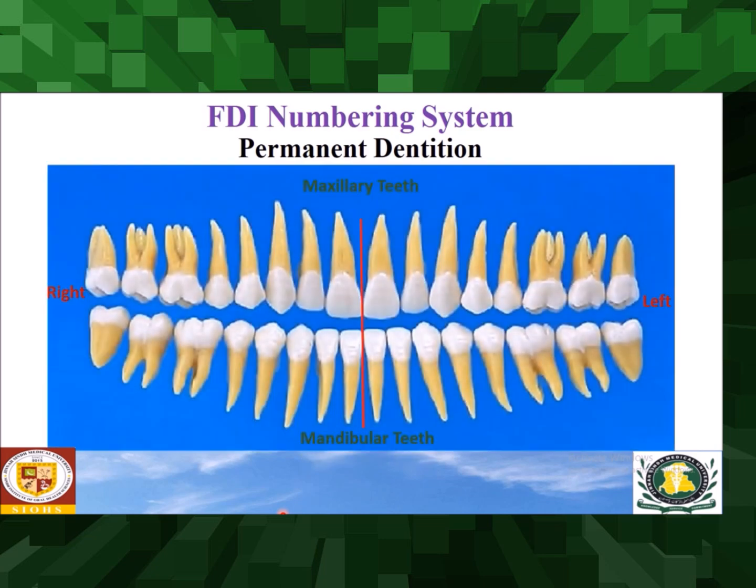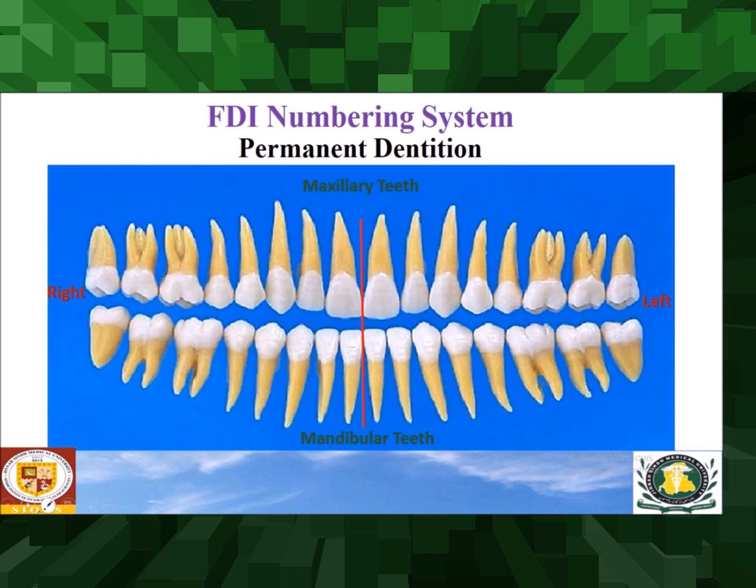Now we will do some exercises of the FDI notation system for the permanent dentition. This is a complete permanent dentition, 16 teeth in the upper arch and 16 in the lower arch, 8 in each quadrant. Maxillary right central incisor. This tooth is the maxillary right central incisor.